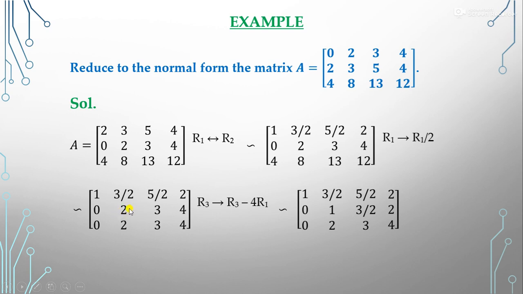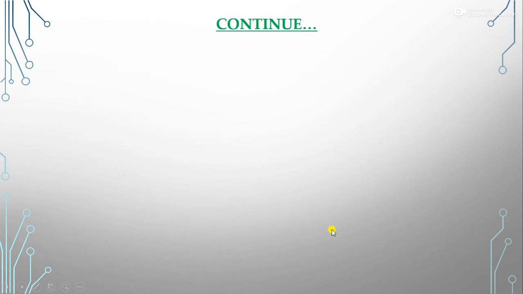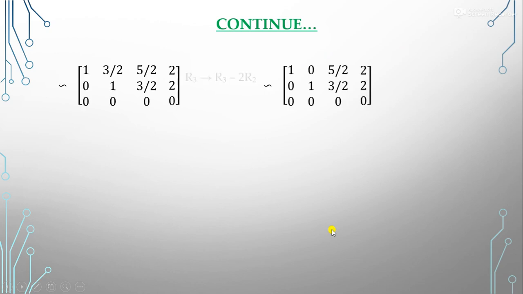Because we have to make the identity matrix, you can also first divide R2 by 2 so it becomes 1. Now we have to make this become 0, so you can use R3 minus 2R2. In the previous slide you see that you have to apply R3 minus 2R2, so it becomes 0.